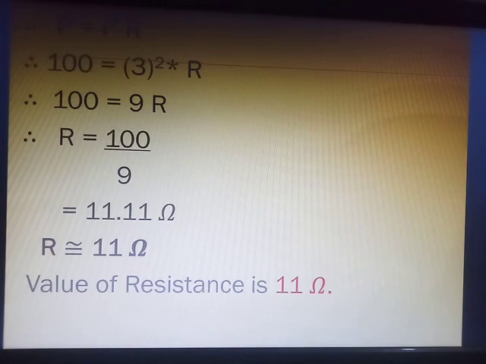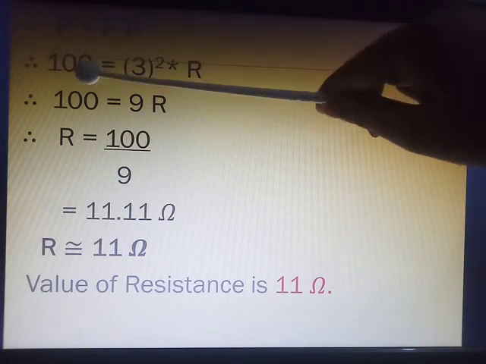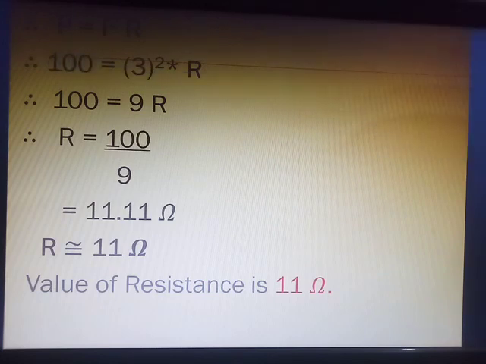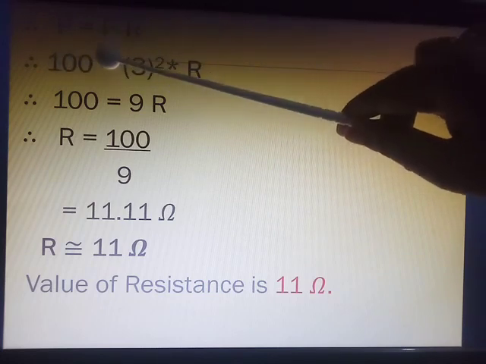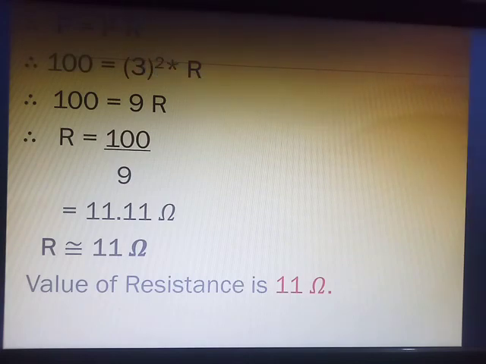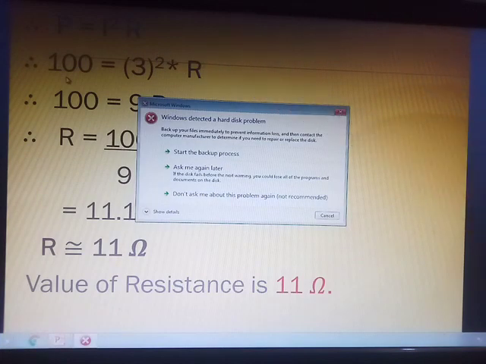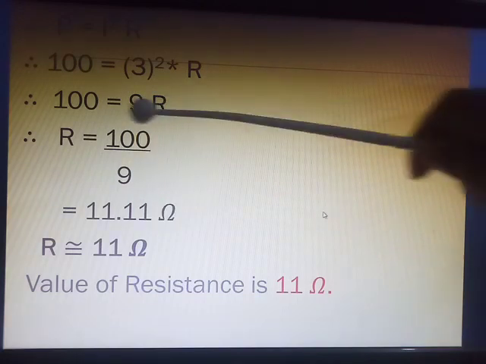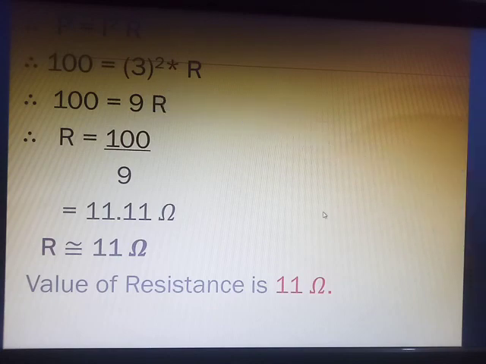Now the time comes for substitution of values. So what is the power? Power is 100 watts. So 100 is equal to, current is 3 amperes. So I square, that is 3 square multiplied by R. So therefore 100 is equal to 3 square is 9. 9R.